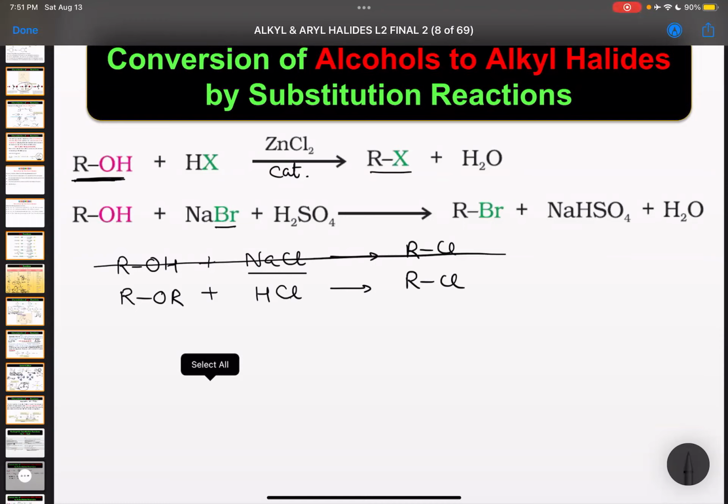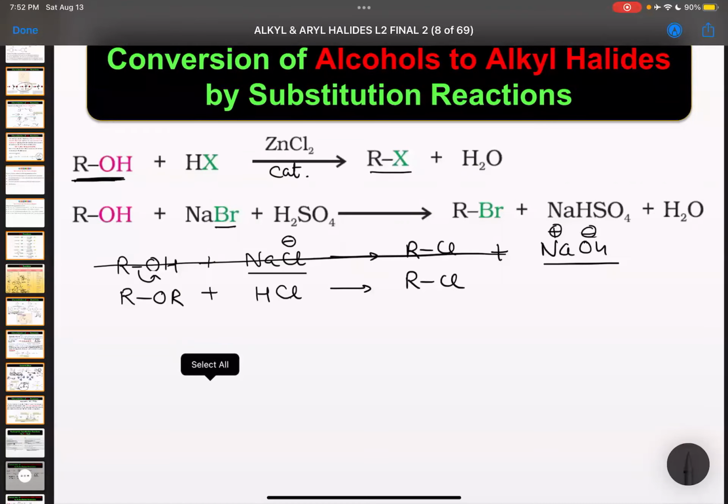Why will it not happen? Everybody can write the equation and say, okay, we have written the equation, this should form, the equation is correct. But my dear students, who is going to come out? Just think of it, the OH minus will be coming out. NaOH is a very strong base. It is very unstable, it is very reactive.